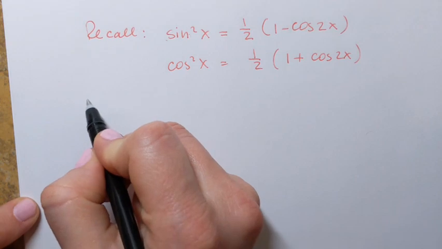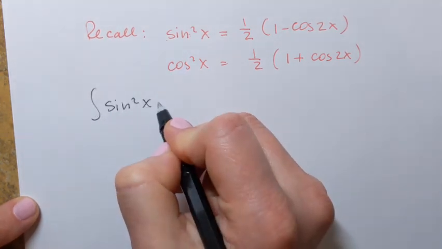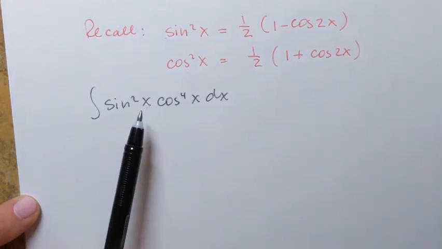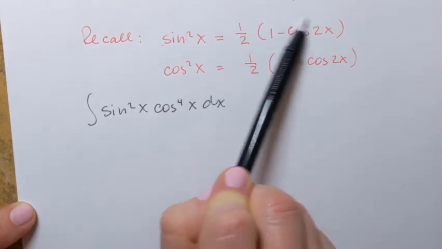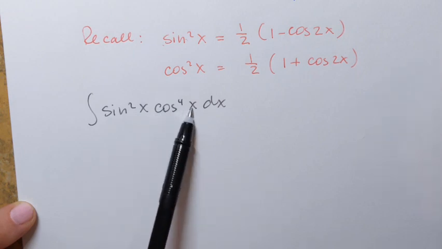So my integral, I'm going to write the original one. It's sine squared of x cosine to the 4th power of x dx. Now, here I can right away see that sine squared of x will be replaced by this expression, right? But I don't have cosine squared of x. I have cosine to the 4th power of x.